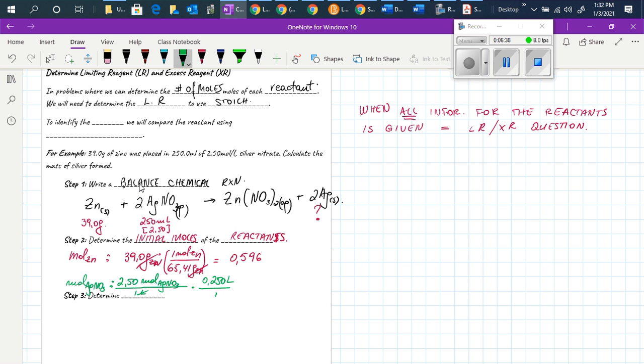Liters cancels out, and we have 0.625 moles of silver nitrate.